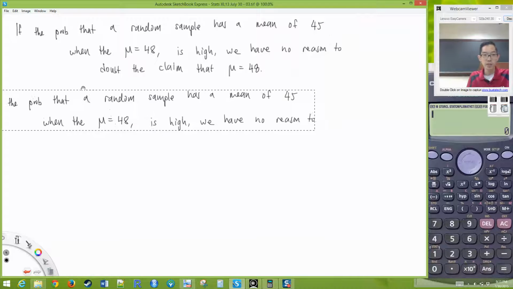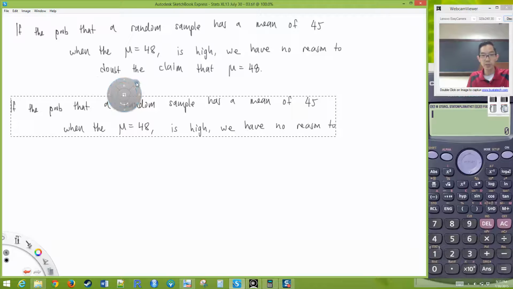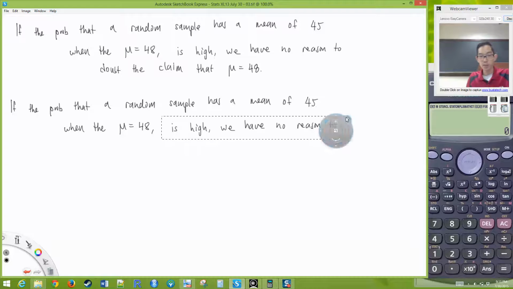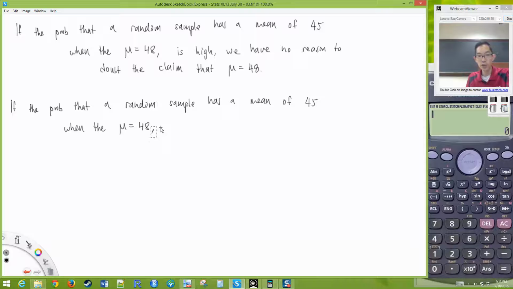If the probability that a random sample has a mean of 45 when mu is 48 is low, this provides evidence, or at least a good reason to believe, that mu is not 48.